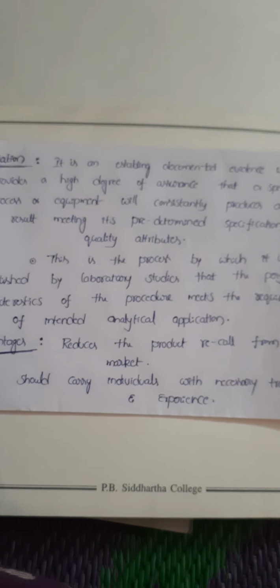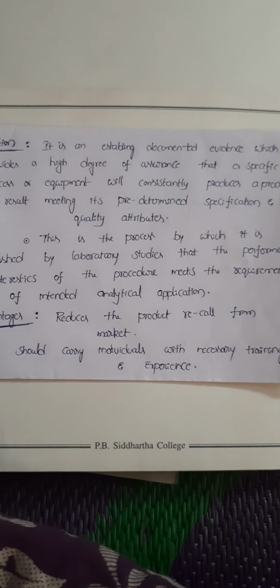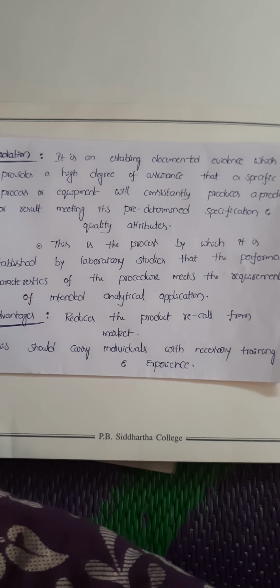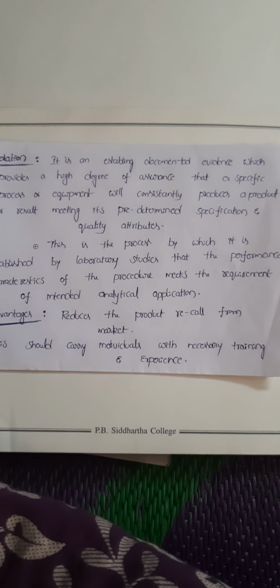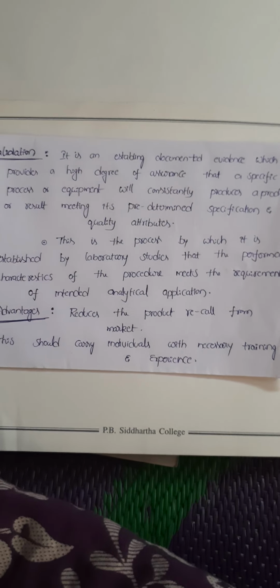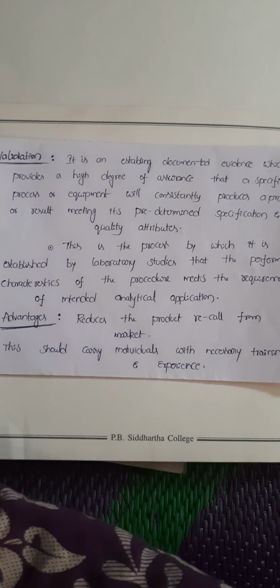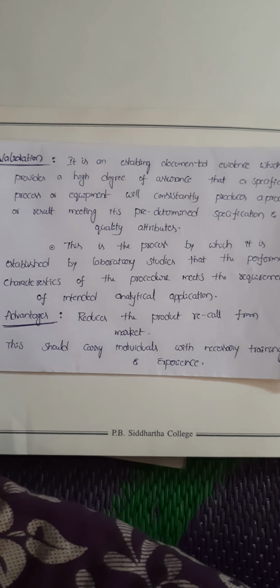It is the process by which it is established by laboratory studies that the performance characteristics of the procedure meet the requirements of intended analytical applications. It means this process should be useful for analytical applications, right?